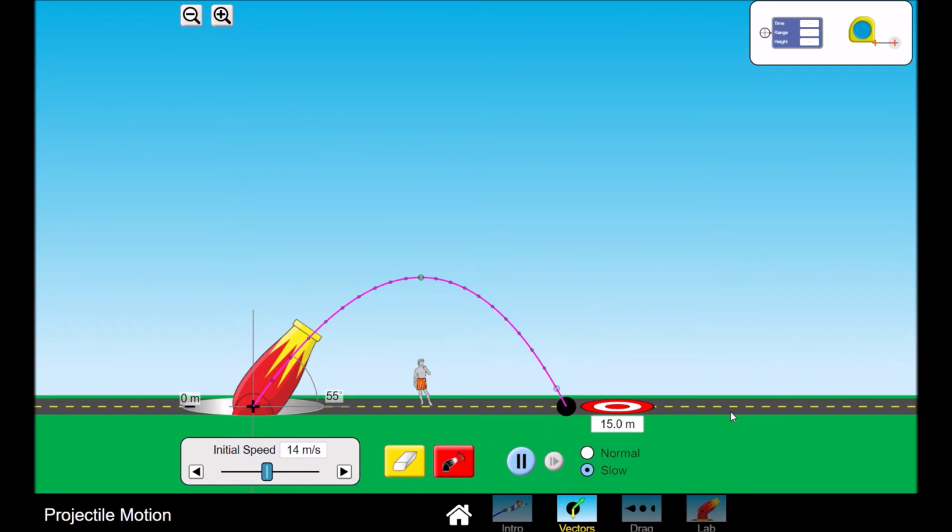So that's a description of how projectile motion works. And you can see these little dots here show the individual time intervals of the motion. Now the only reason why this actually works is because even though the object at the peak height has 0 vertical velocity, it's still moving at a constant rate in the horizontal direction.